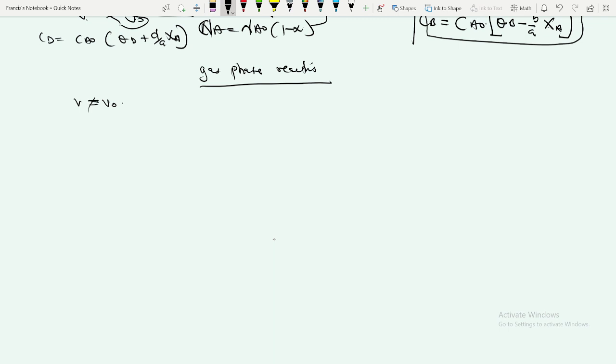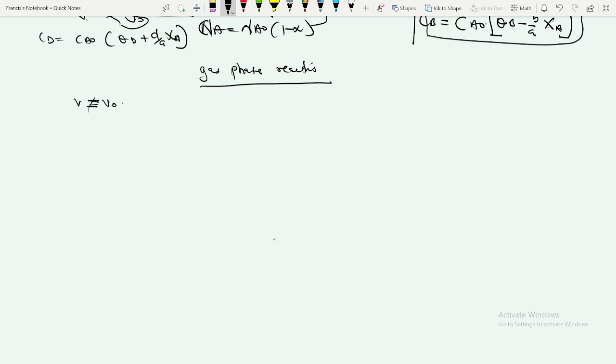For the liquid phase, the volume is always constant throughout, but for gas phase reactions, we can't say the same. So now how do we do that? When V is not equal to V naught, then what is V actually equal to? You have to do some derivations here.